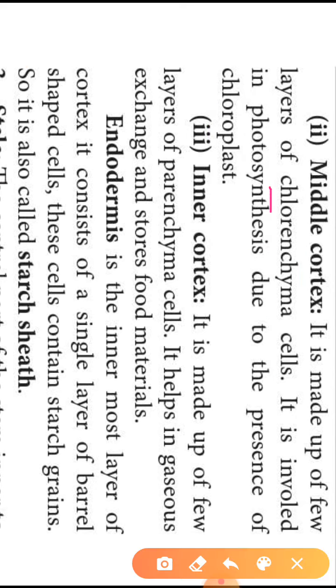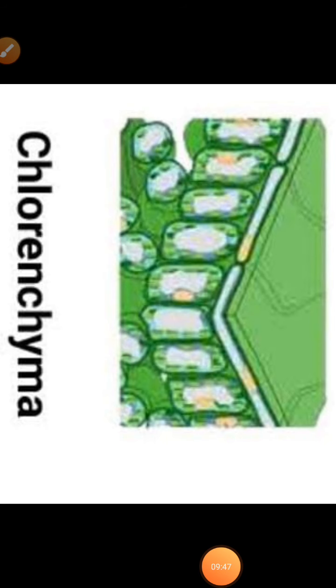What is chlorenchyma cells? Chlorenchyma has chlorophyll containing mesophyll. Chlorenchyma cells have abundant mesophyll in their leaves.